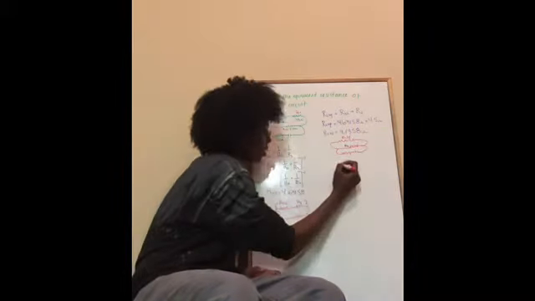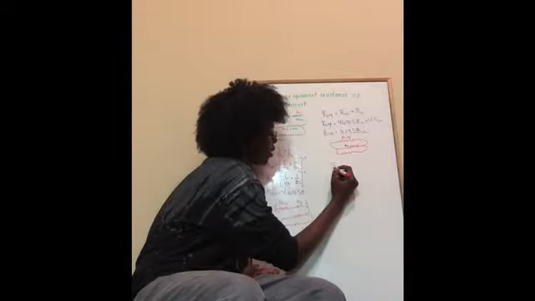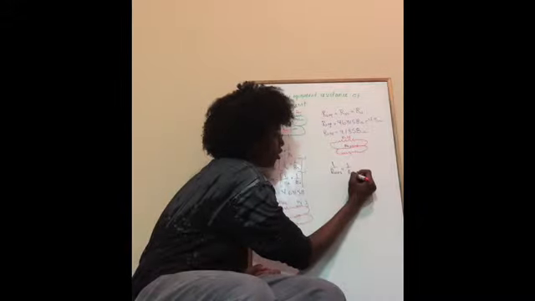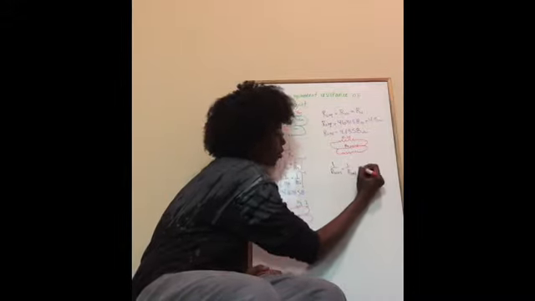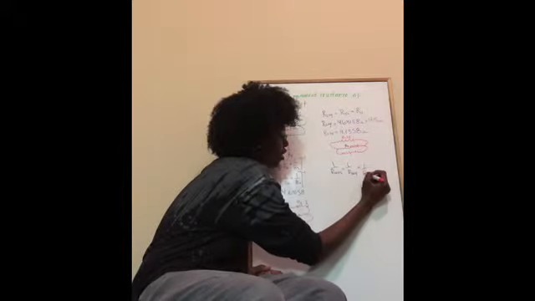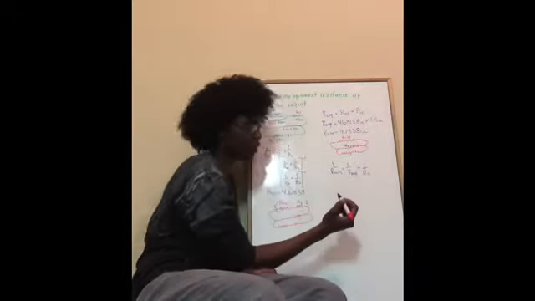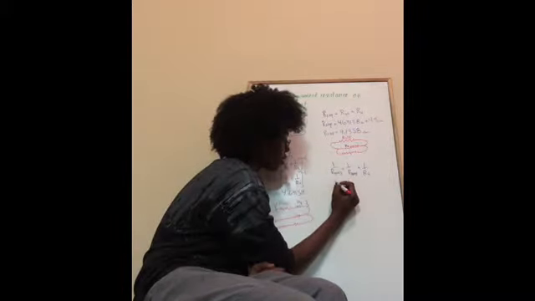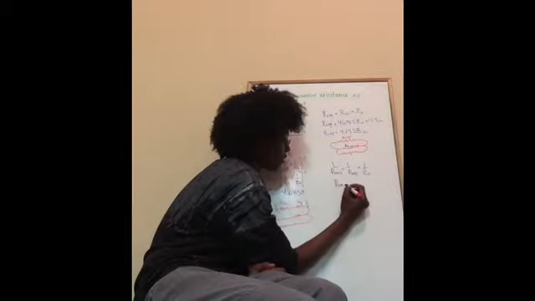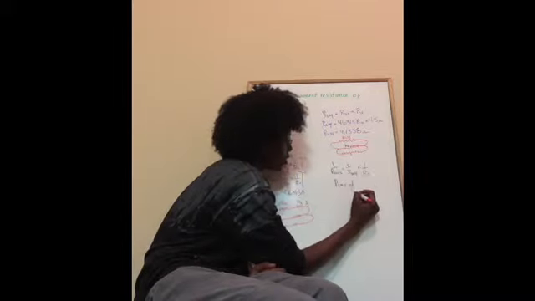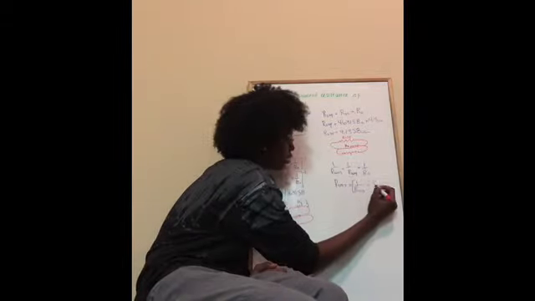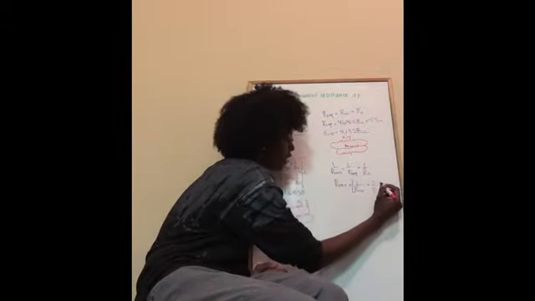So 1 over R2,3,4,5 is equal to 1 over R2,3,4 plus 1 over R5, all right? And then we do the exact same thing we did here, which was the inverse of it. So R2,3,4,5 is equal to the inverse of 1 over R2,3,4 plus 1 over R5.